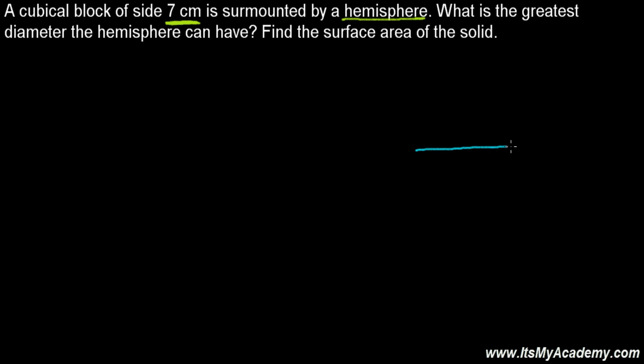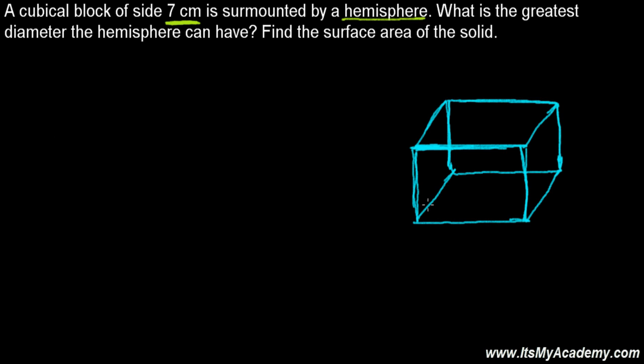We have a cube, so let me make a cube something like this. All right, let's say this is my cube. The question is saying that we are going to put a hemisphere over it. The hemisphere can be smaller like this, or even bigger than this.